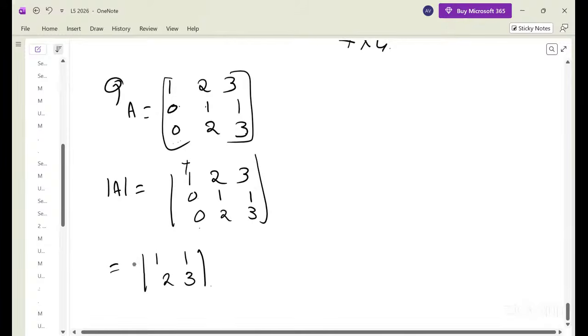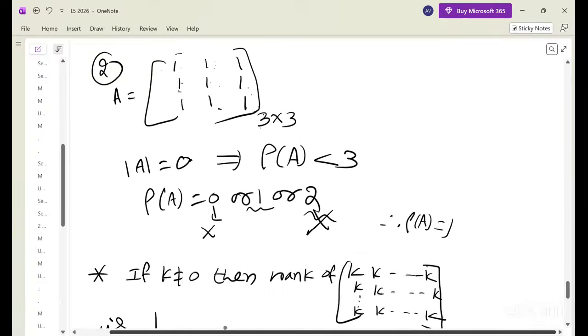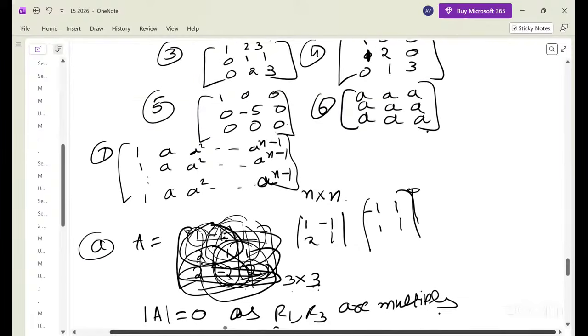Remaining all zeros. So 3 minus 2, which is 1, which is not 0. Therefore, the determinant of A, 3 by 3, is not 0. If it is not 0, then rank is equal to the order. What is the order? 3, the order of the matrix. So rank is 3. For any order matrix, if the determinant is not 0, then rank becomes equal to the order.